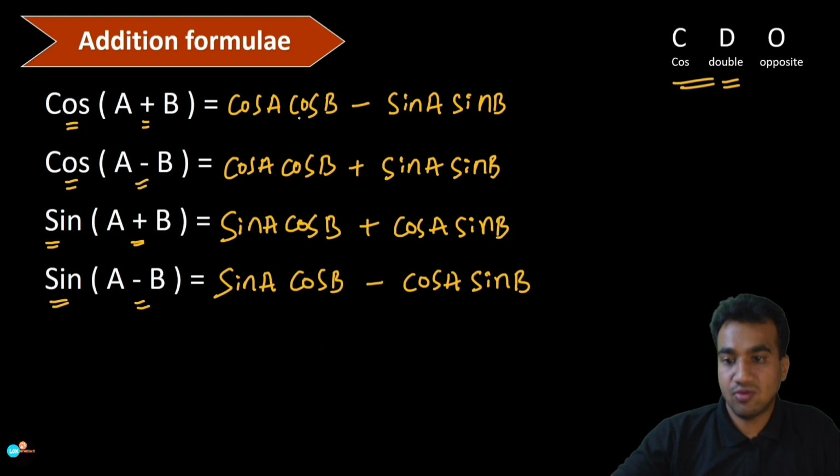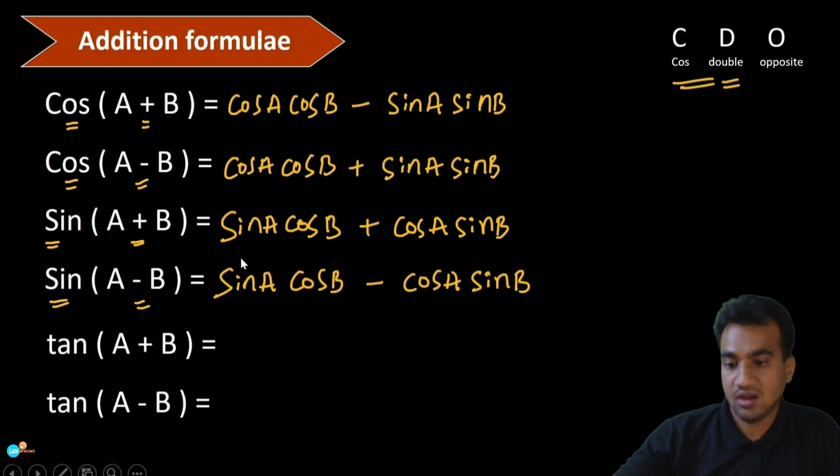So these are the 4 identities you have to remember. These are addition formulae, and for the tan you have to remember the formula itself.